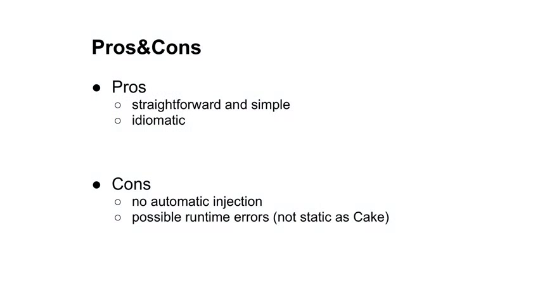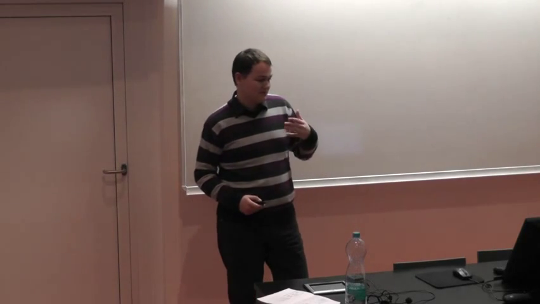So to sum up, the advantages of SubCut is that it's very simple, straightforward, and idiomatic. So if you use it, it's very easy. And there's no magic, and it's very nice in Scala. The disadvantages are that there's no automatic injection. It's as if in Guice.